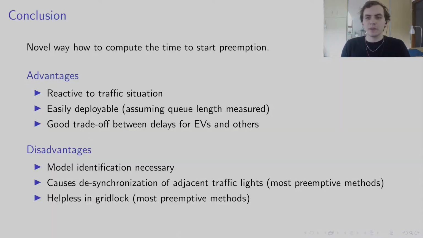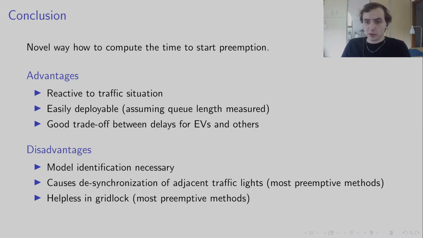In conclusion, our method computes the time when to start preemption based on the model of the queue. It is a good trade-off between helping the emergency vehicle and delaying other traffic, because we compute only the minimal time necessary for the queue to discharge. When more cameras are used to observe the traffic at intersections, this method will be easily deployable to new ones.